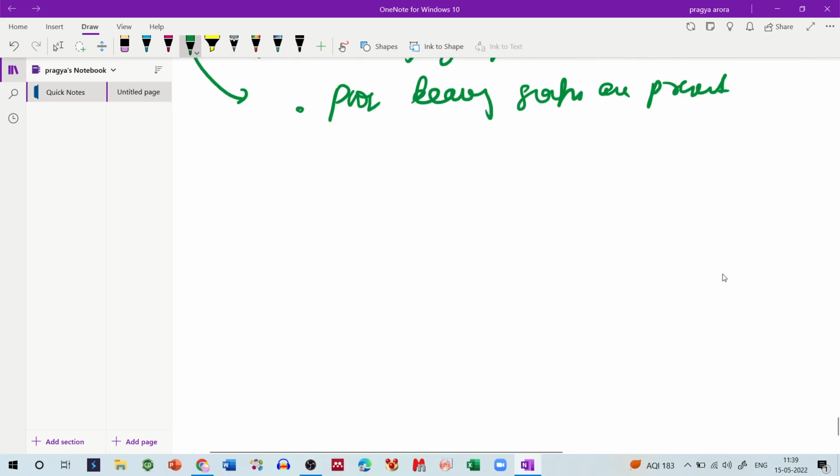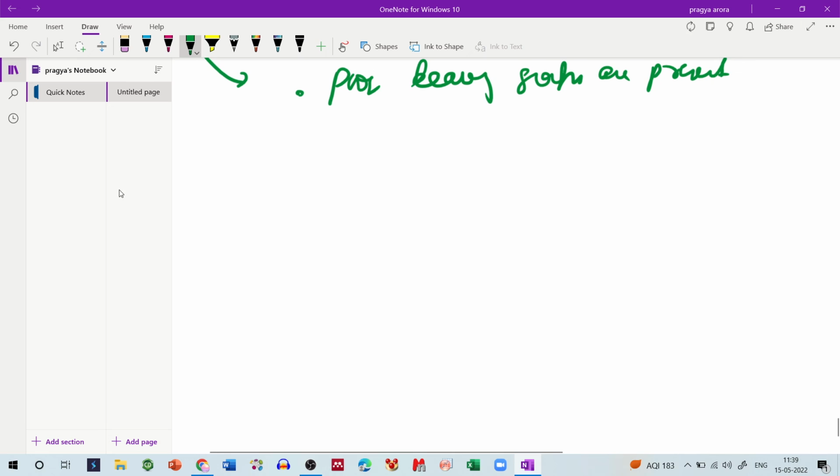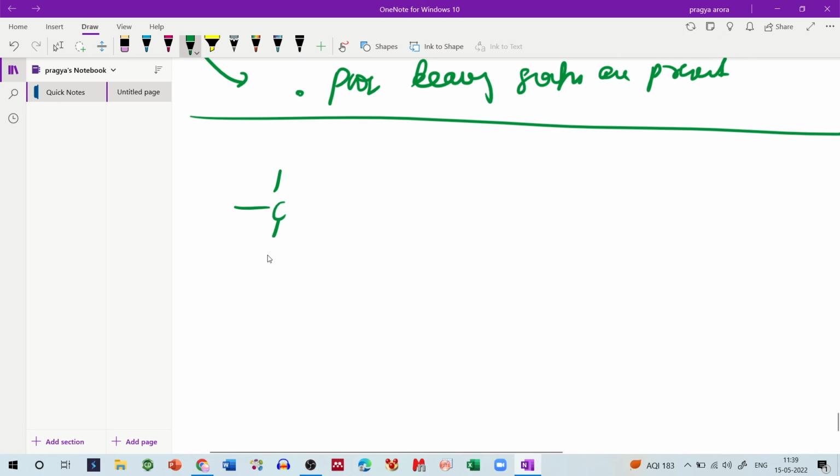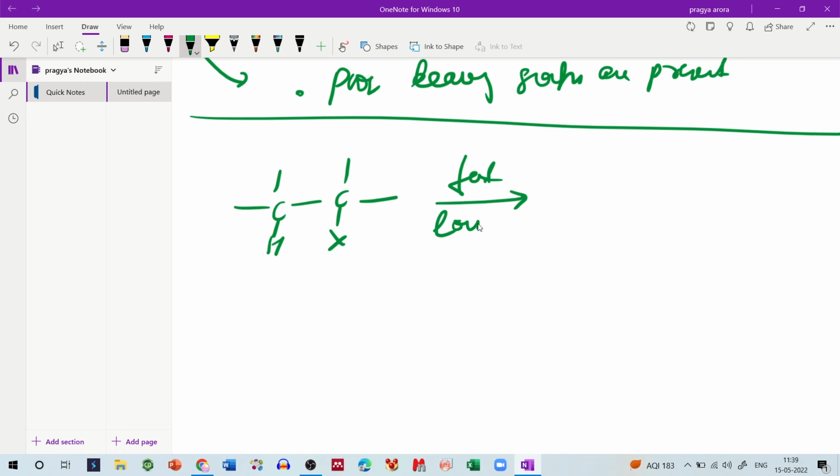So let me explain what happens in the reaction. You have this alkyl halide, with H and X present over here. In the first step, there is loss of a proton via a nucleophilic base.